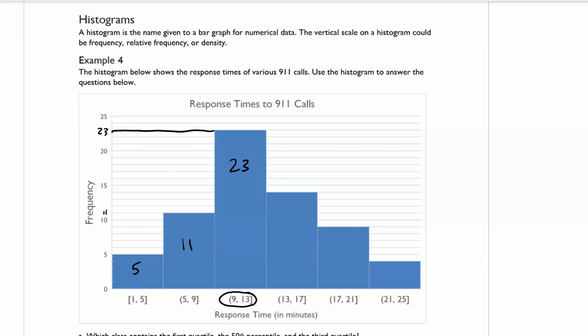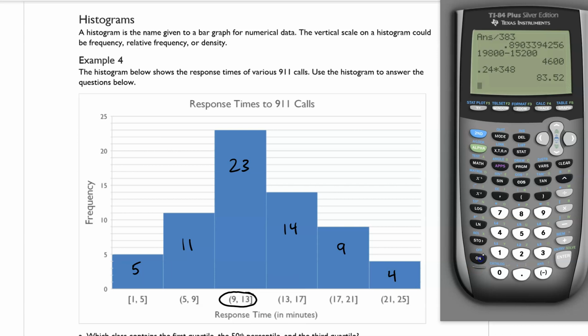So let's go ahead and fill out the rest of these values. Between 13 and 17, it looks like there was 14. And then here there were 9. And then the last grouping, there were 4. So I'm just going to quickly add those up.